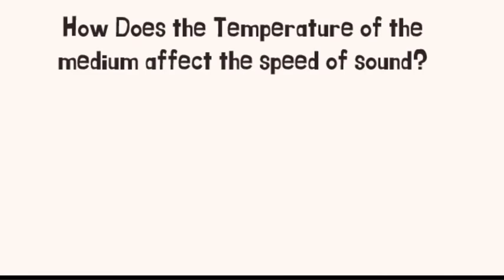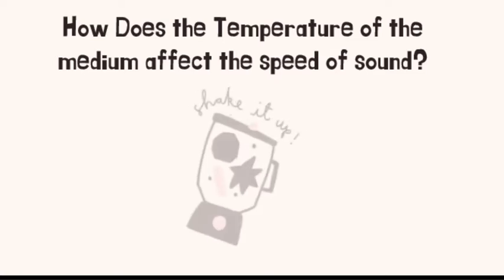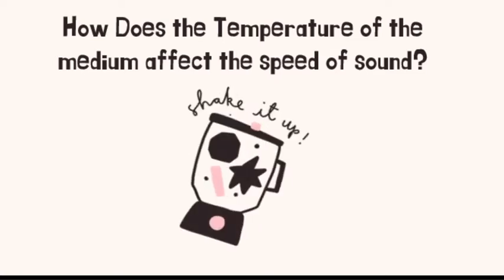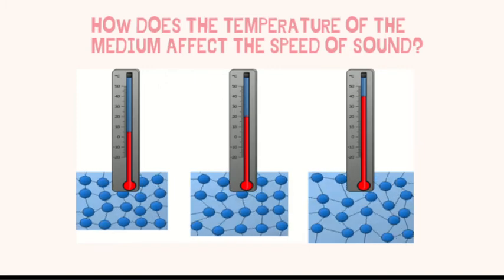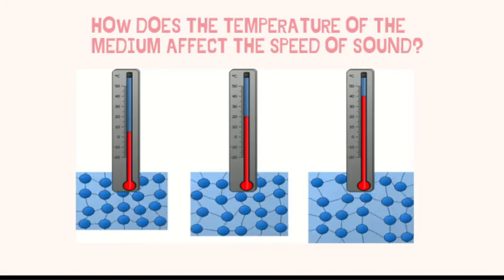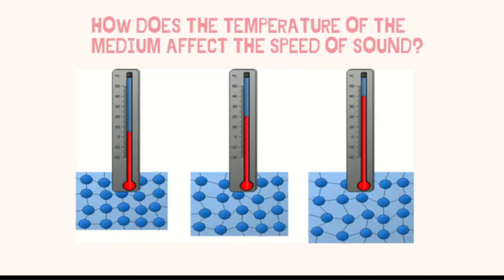How does the temperature of the medium affect the speed of sound? We have said earlier that particles are constantly moving. It means that regardless of the medium, particles move constantly. Last week, we discussed kinetic energy of moving objects.